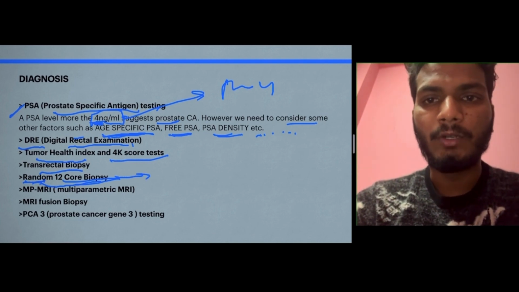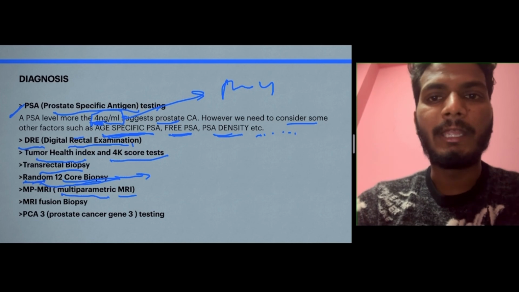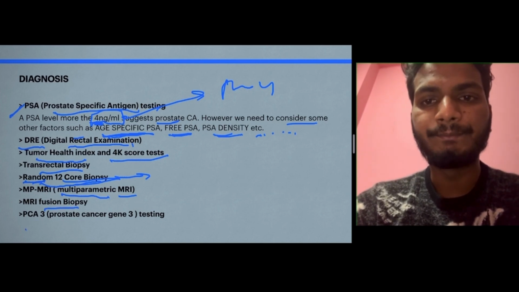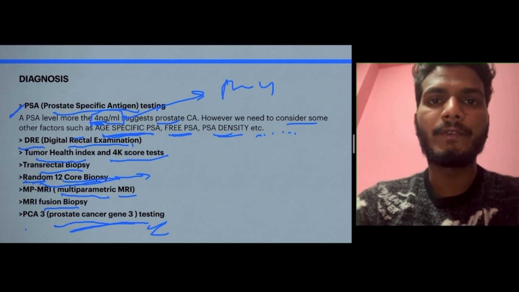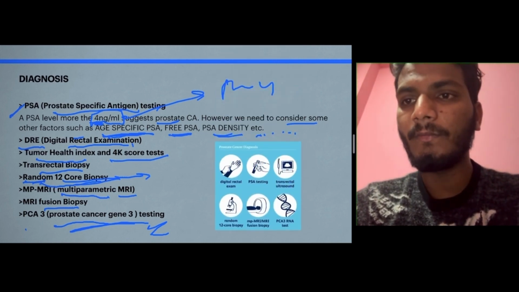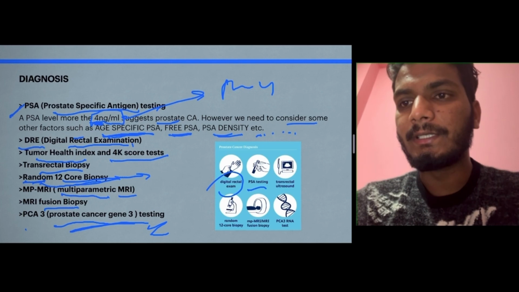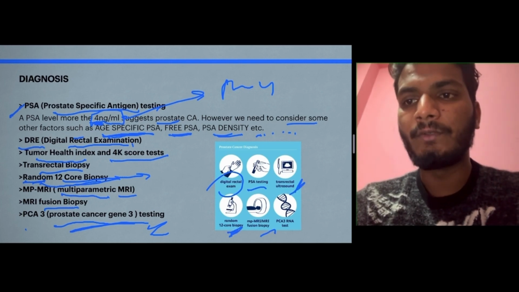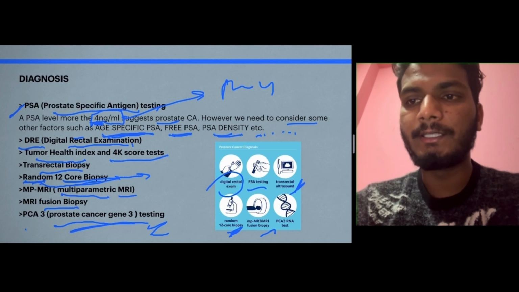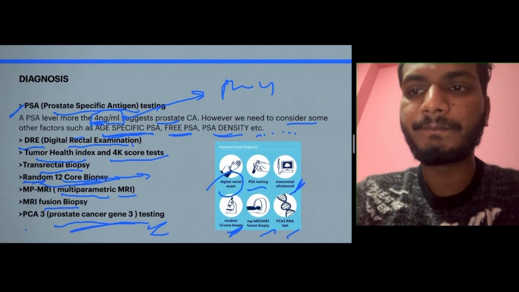Then we have multiparametric MRI fusion biopsy, and PCA3 gene testing. So these are the diagnostic methods for prostate cancer: DRE, PSA testing, ultrasound, random 12 core biopsy, MRI fusion biopsy, and then there is PCA3 gene testing.